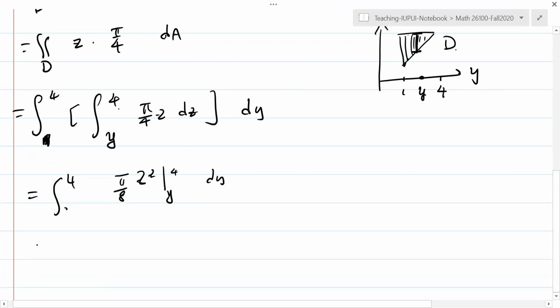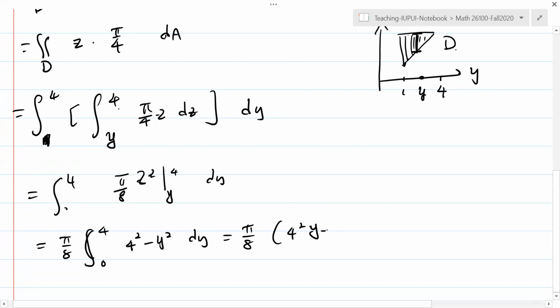We'll get pi over 8, and we take it out. This will be the integral from 0 to 4 of 4 squared minus y squared dy. Then we find the antiderivative, which is 4 squared times y minus one third of y cubed.